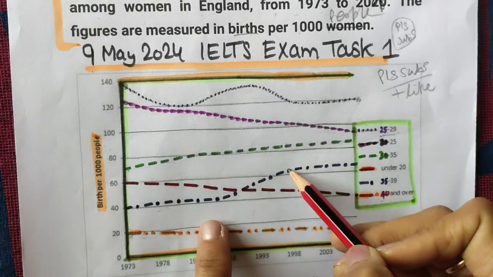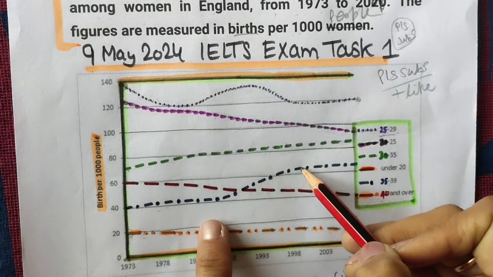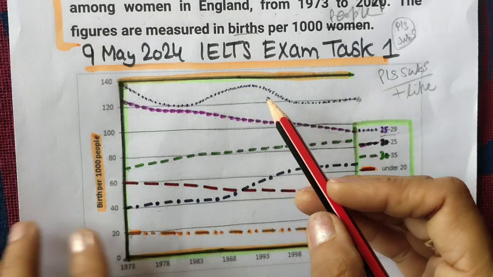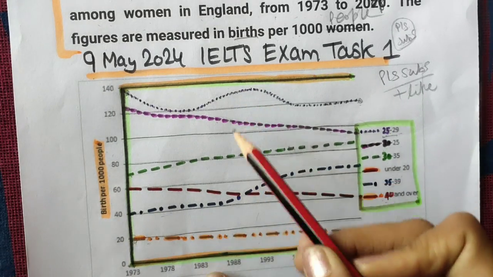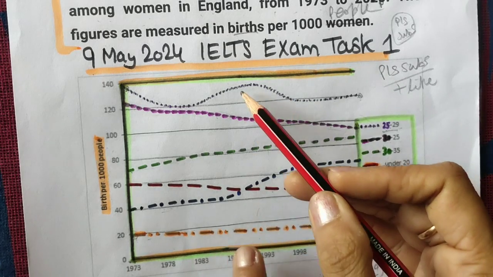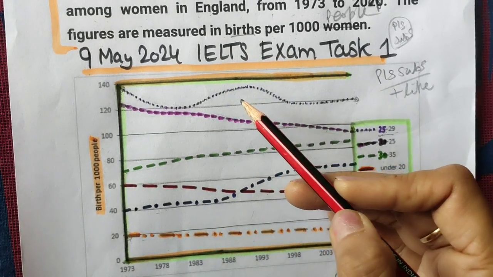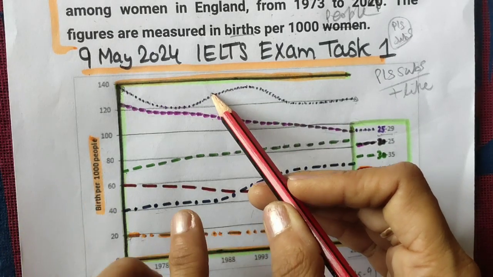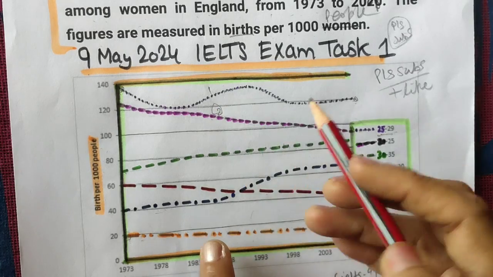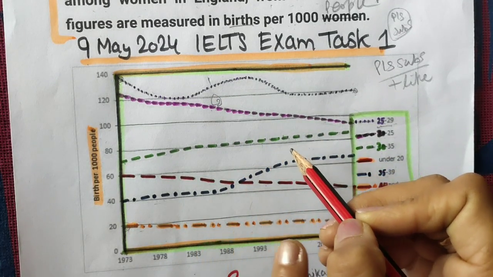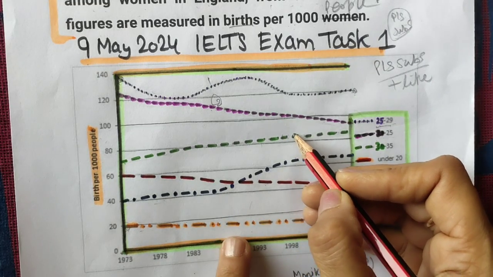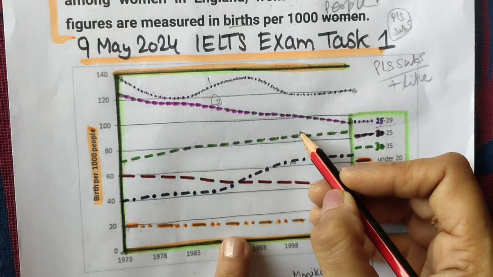And these 2 lines you can combine, the data of these 2 graphs. Make it a rule: whatever the highest is and whatever the lowest is, you can compare in one paragraph, or you can compare the first and second one. This is at number 1 position, this is at the second position. Somewhere you should combine any two pieces of information.